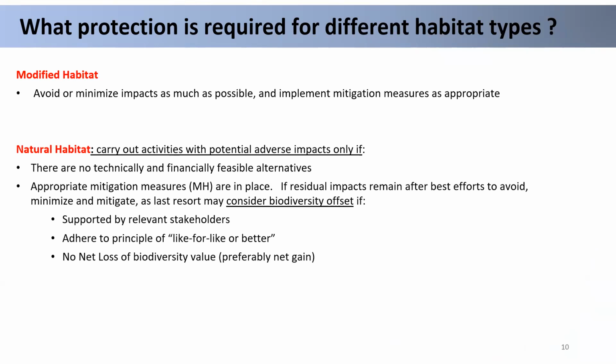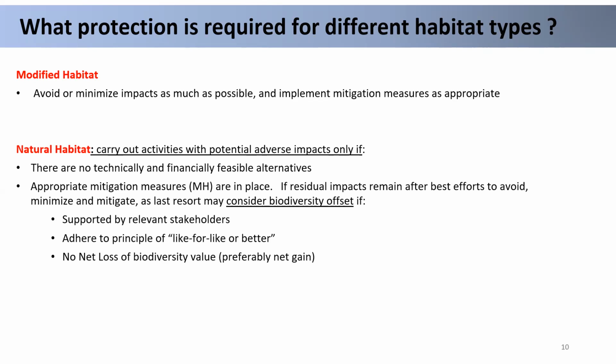So when we talk about protection of these habitats, given that these 3 types of habitat, modified habitat, natural habitat, and critical habitat, actually have different value from a biodiversity point of view, and they have different sensitivity, we also use different types of approach in protecting them. This is why we call it a differentiated approach.